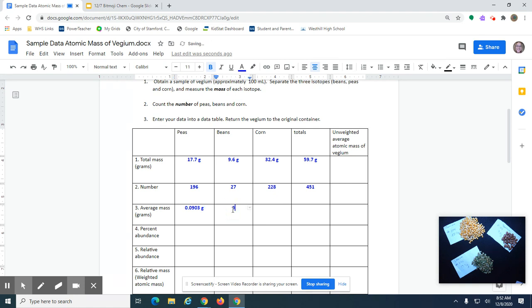And 9.6, whoops, typing it in the wrong spot, divided by 27 is 0.3556. And 32.4 divided by 451. And 59.7 divided by 451, which is the number we got these for.